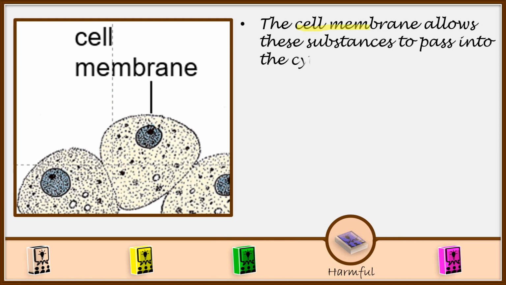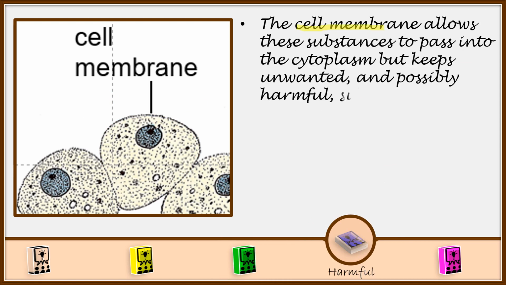The cell membrane allows these substances to pass into the cytoplasm, but keeps unwanted and possibly harmful substances out. So it is this cell membrane that is going to control what is entering and what is moving out.